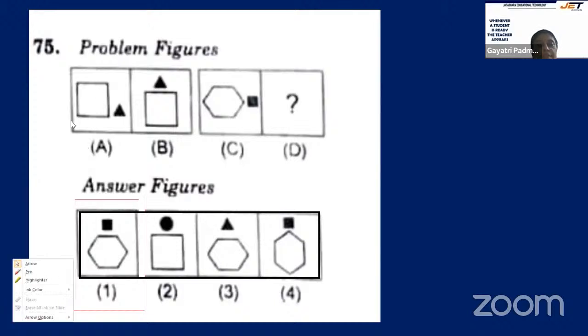So here in this figure, you have the square, then you have the shaded triangle towards your right. Fine. See, in the second one, this shaded triangle moves towards your left.